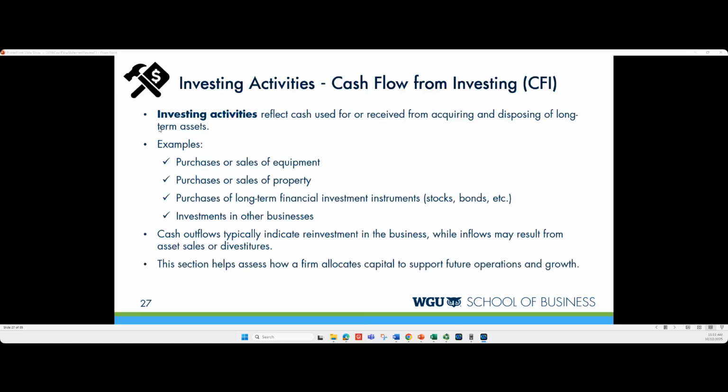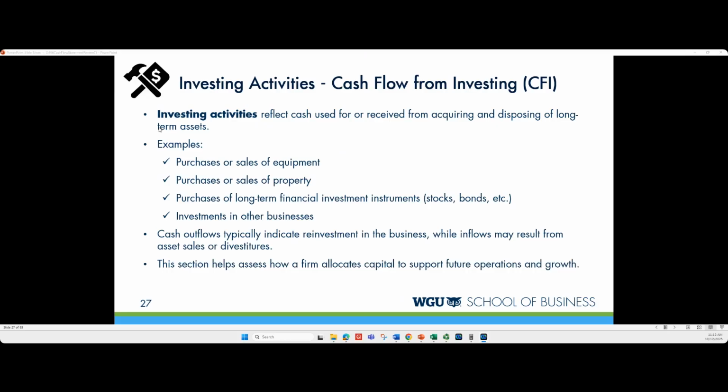Okay, then let's move on to the cash flow from investing activities. So that reflects cash we've used or received from acquiring or disposing of our long-term assets. So it includes things like buying equipment, buying or selling property, purchasing long-term investment instruments like stocks or bonds that we're going to hold for more than a year in a portfolio, or investments in other businesses, like when we acquire patents.